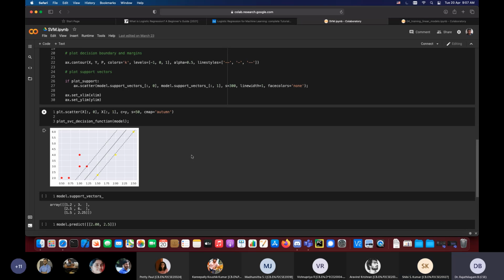So the margins are drawn in such a way that you have each margin at the last point of a group, at the boundary of each group. So you have two margins, and the central line is supposed to be the classified boundary plane.